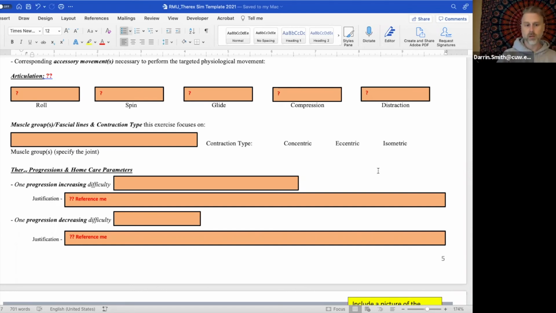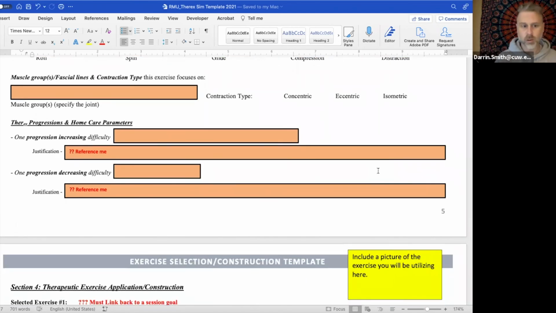Okay, then from there, we're looking at progressions that we want to do. Once a person has a movement or a pattern, how are we going to make it harder? And when I say harder, we are not just looking at adding weight, adding sets, adding reps, adding volume. That's the traditional resistance training parameters.